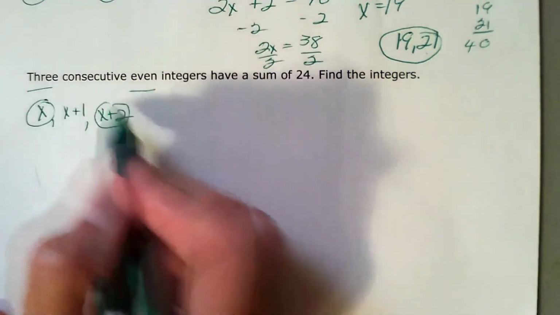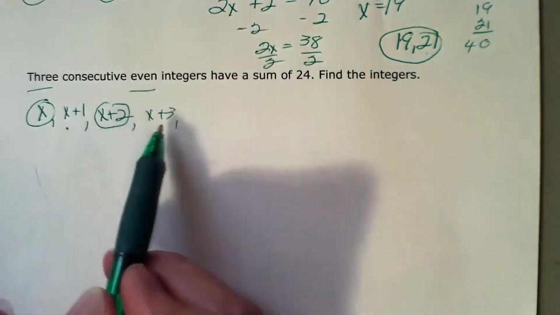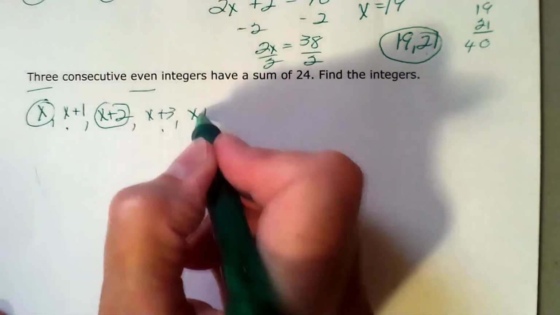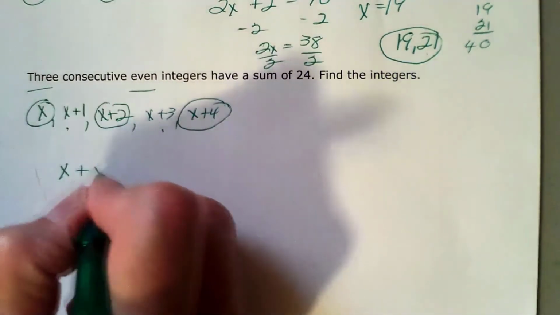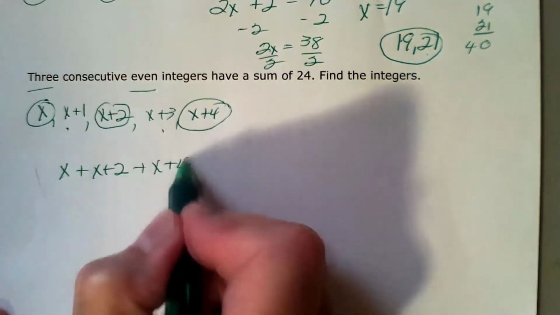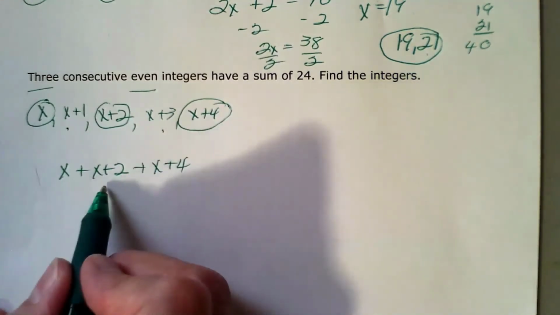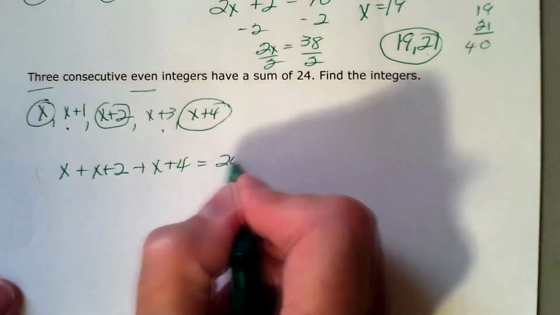The next integer is going to be x plus 2. I'm going to skip over x plus 3 because that's odd, and go to x plus 4. So I'm going to add together x plus x plus 2 plus x plus 4.